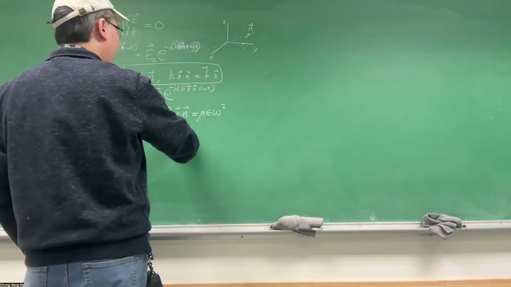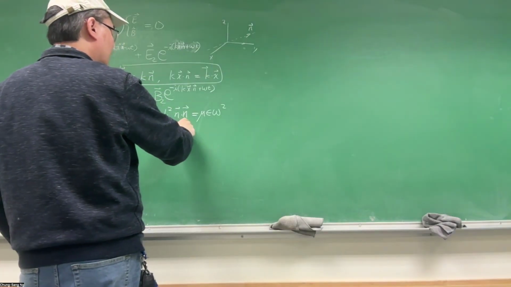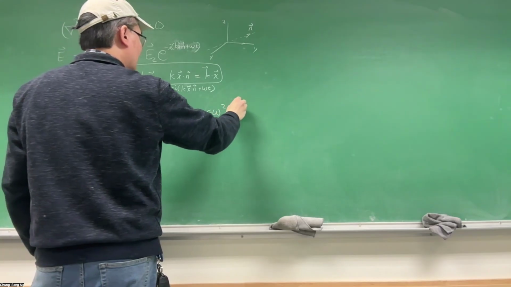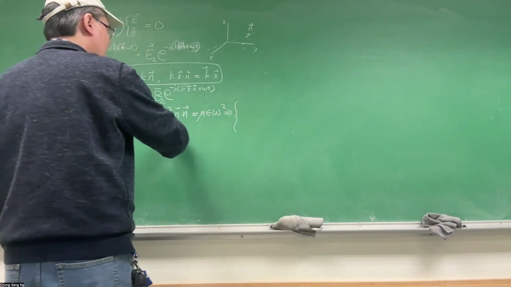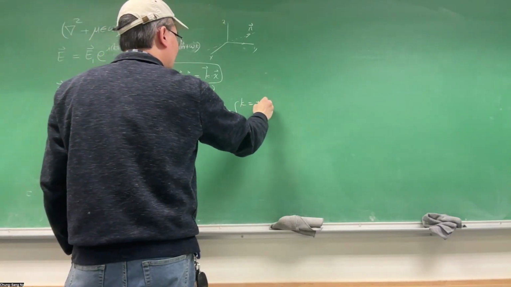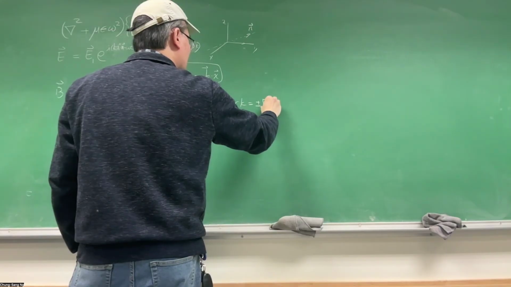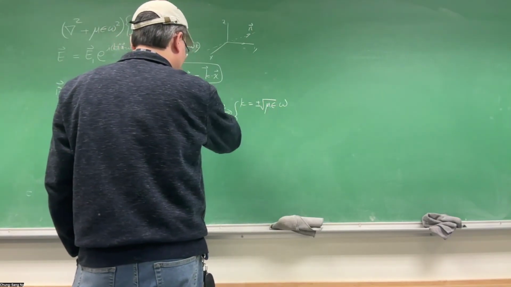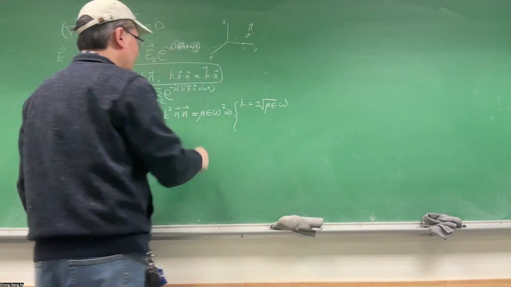Therefore, if n is real, obviously n dot n is 1, so we have what we had before, and k is plus or minus. So that is for real n dot n.